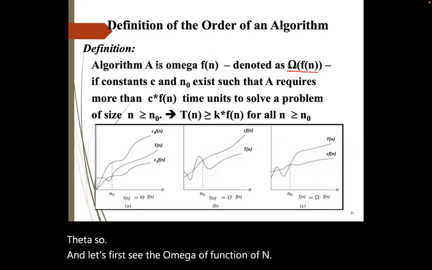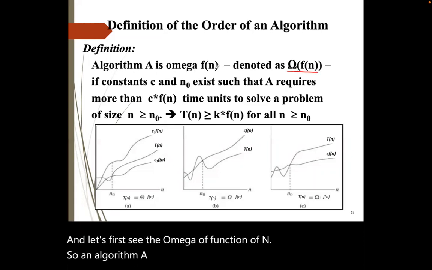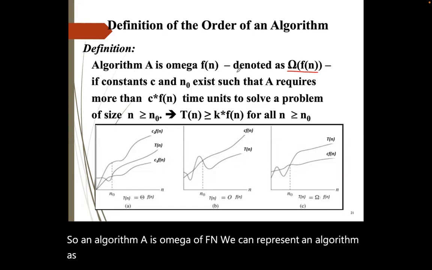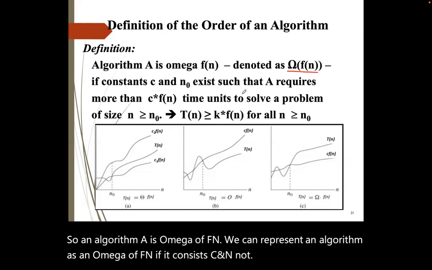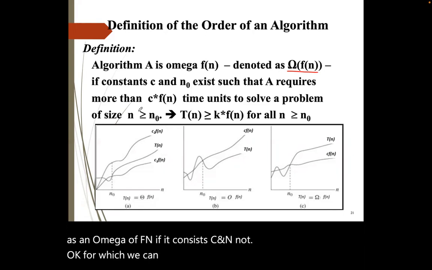So an algorithm A is omega of f(n). We can represent an algorithm as an omega of f(n) if there exist c and n naught for which we can find that A requires more than c of f(n) time units to solve the problem.